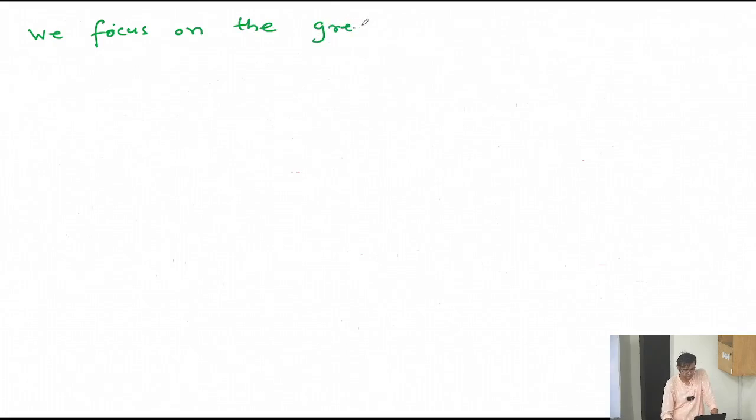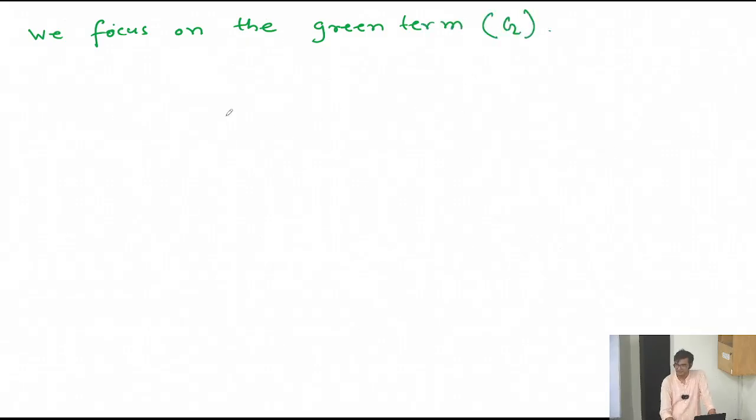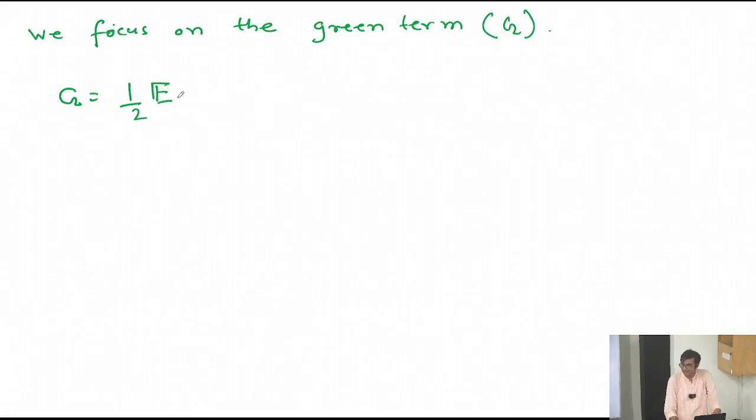So we focus on the green term. Because it is a green term, let's call it G. Okay. So what is G? G is equal to, there is a half outside, so I'll write that, expectation. So the negative sign I'm keeping it there.